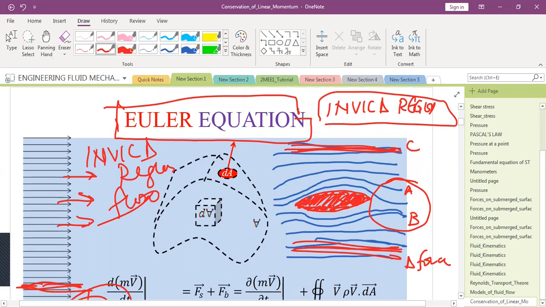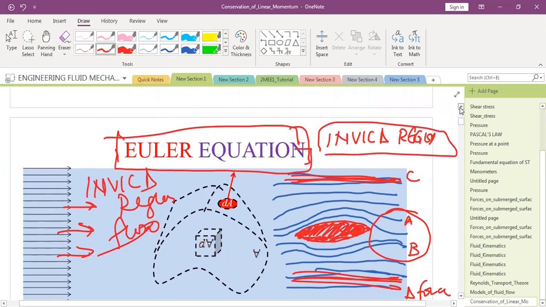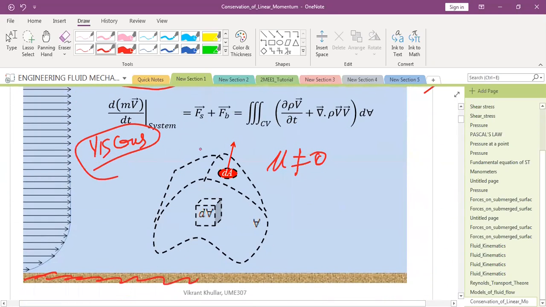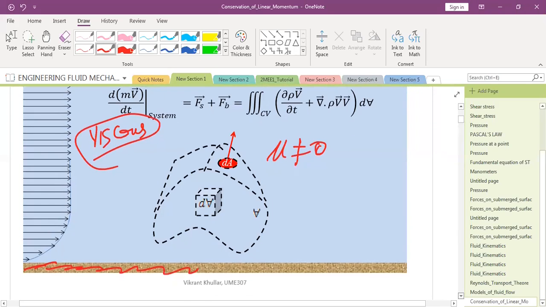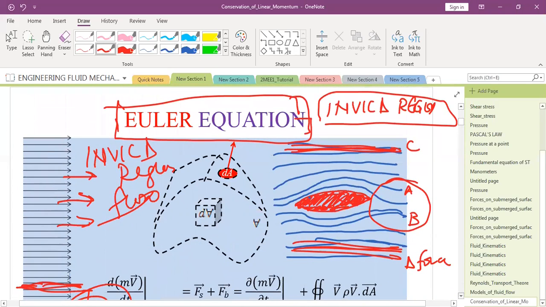So Euler equation is only a special case of the more generalized conservation of linear momentum. In general, conservation of linear momentum applies to any region of flow. But when deriving the Euler equation, Euler essentially assumed the region to be inviscid region of flow. So as far as the Euler equation is concerned, we will always be talking about inviscid region of flow.